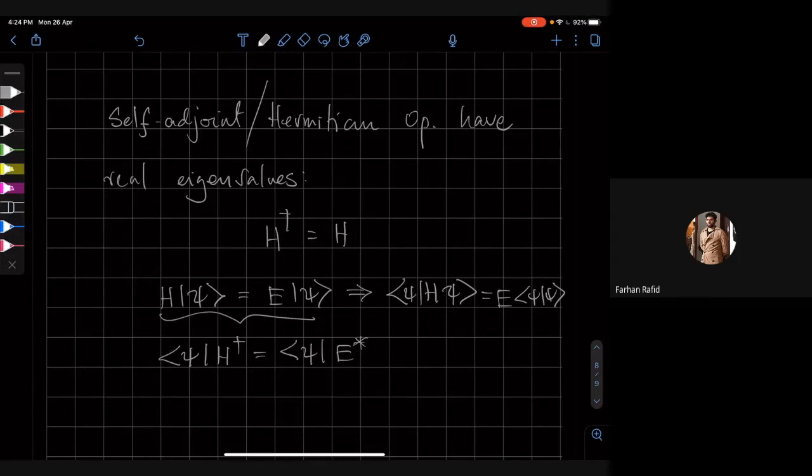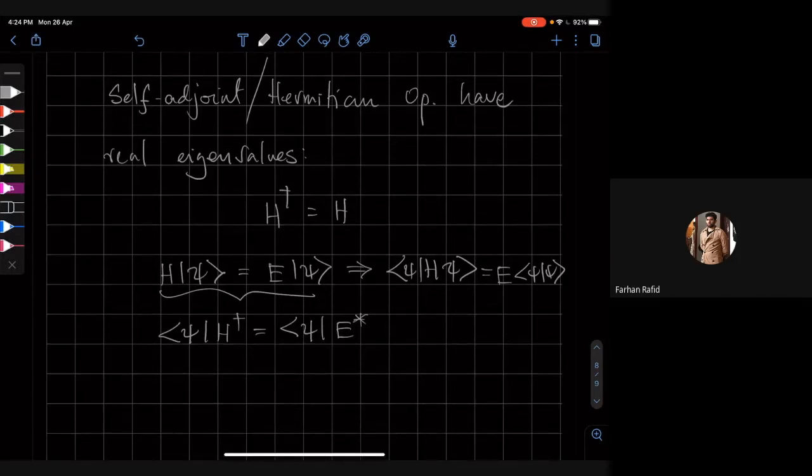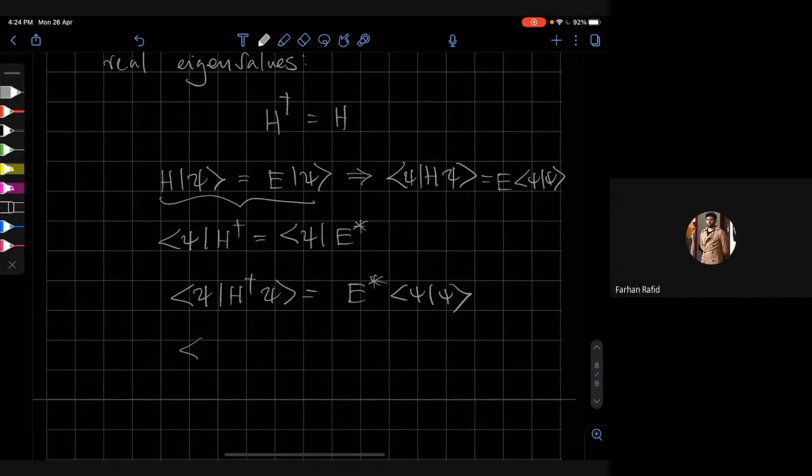Now, because H is Hermitian, we can apply psi from the right. Then I will have H dagger of psi, and here I will have E star psi of psi. But H is Hermitian, and therefore I can write the left-hand side as this.